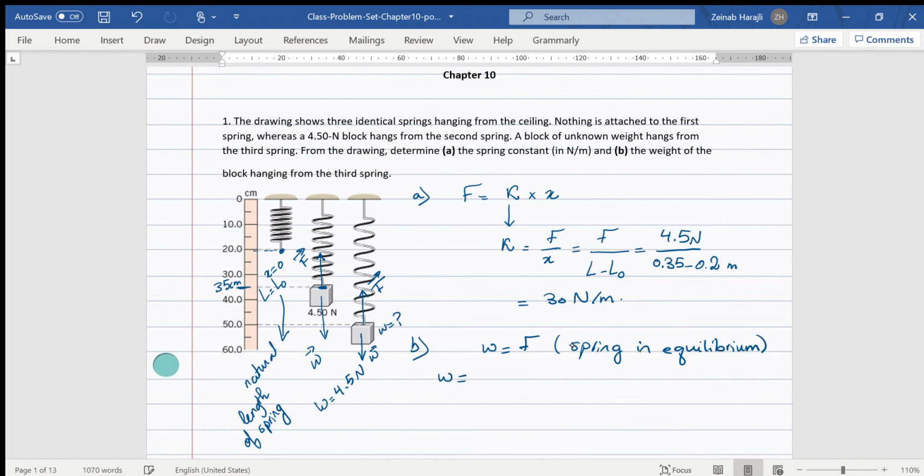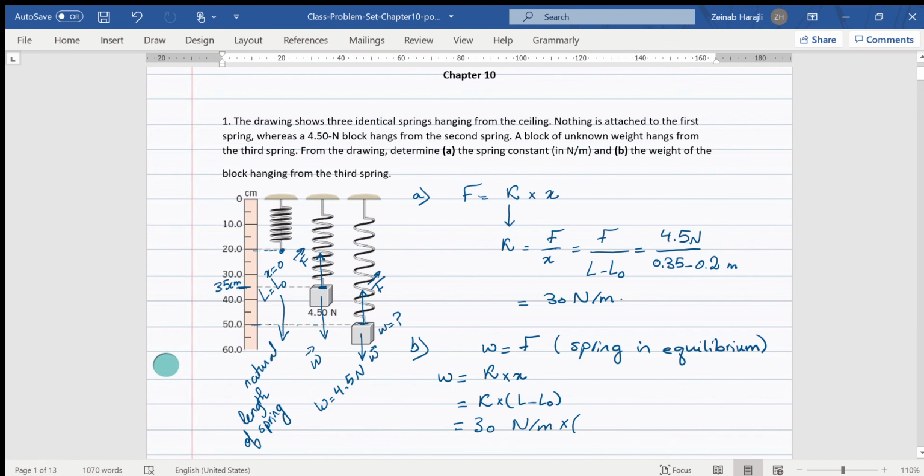And we know that F is equal to K times X, and X is L minus L0. We just found K in the previous part, it's 30. And we can find L from the ruler that we have here.